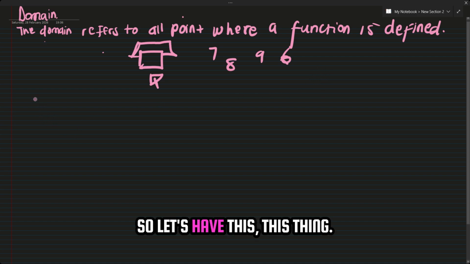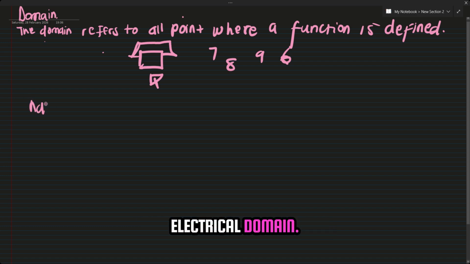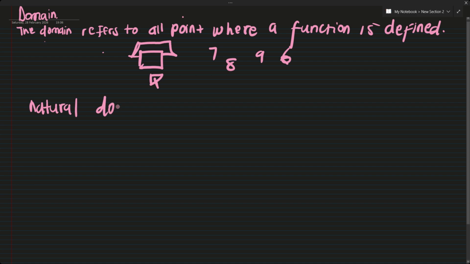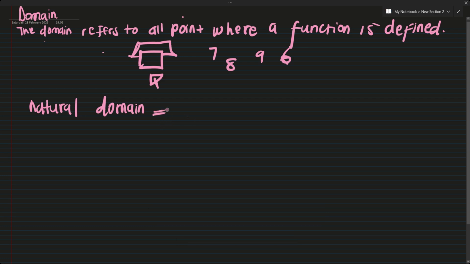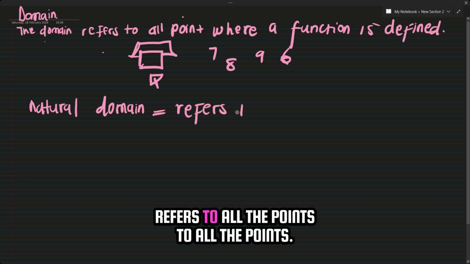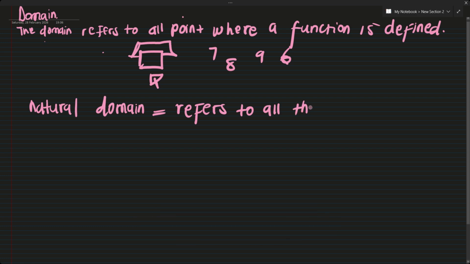So let's have this thing, a natural domain. A natural domain refers to all the points where the function is defined, right?